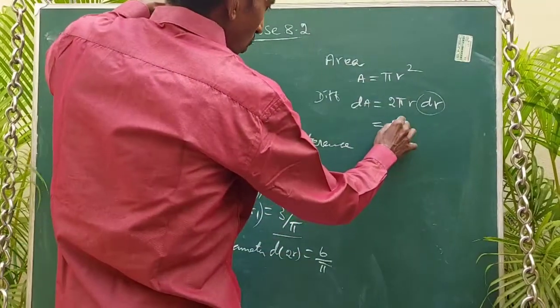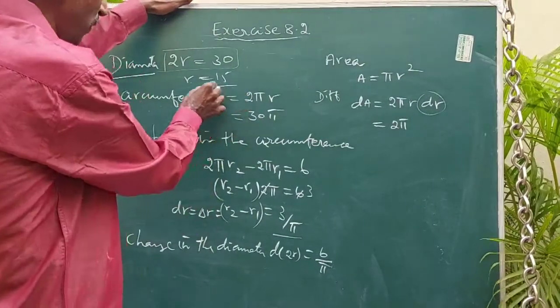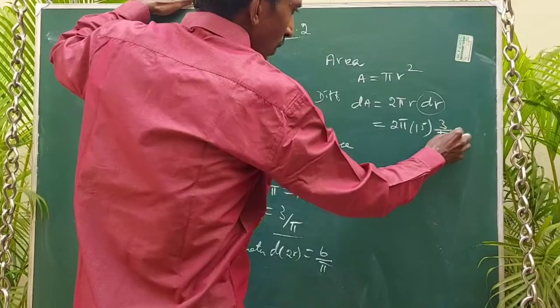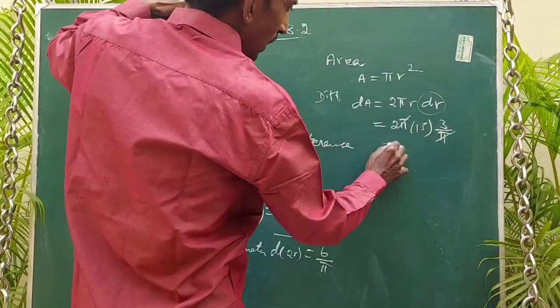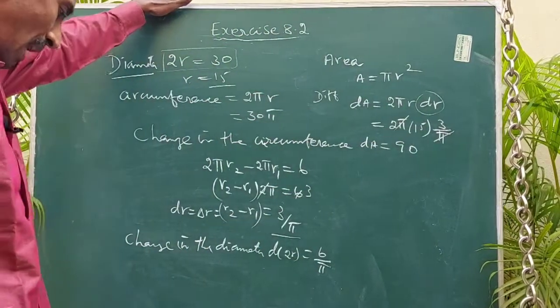So 2 pi, and r is already we know that 15. So 15 into 3 by pi. So pi cancel. 30 into 3, 90. So we are getting dA equal to 90.